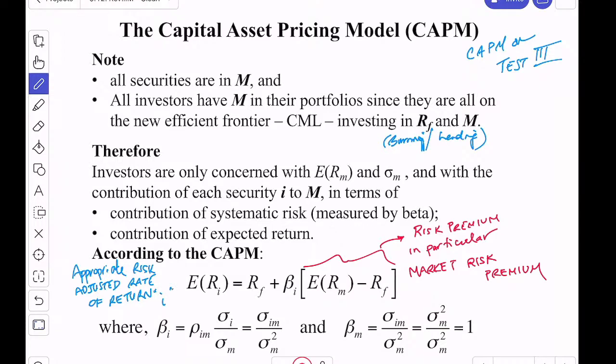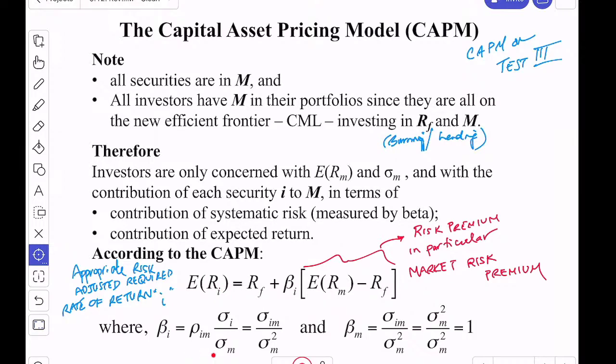This is our I. So this is a way of calculating the expected rate of return. I'm going to add in the words required rate of return. Okay, so this is our way of getting an I for our asset.